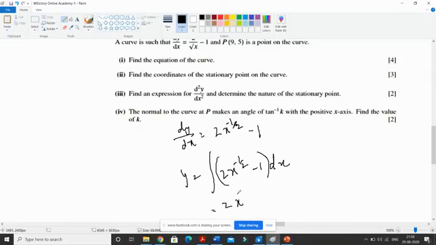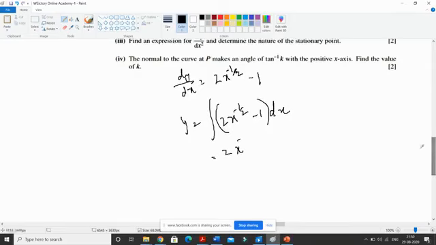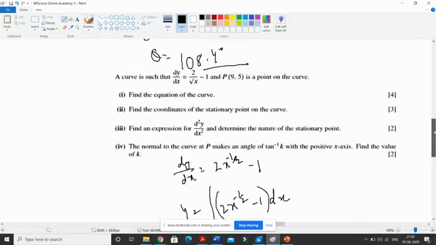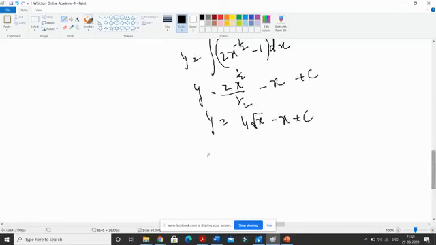So 2x to the power minus 1 over 2 plus 1, so 1 over 2, divided by 1 over 2, minus x plus c. Which is y is equal to 4 root x, since x to the power 1 over 2 is root x. So 4 root x minus x plus c. Now to find the value of c, they have given you the point (9, 5). So y is 9.